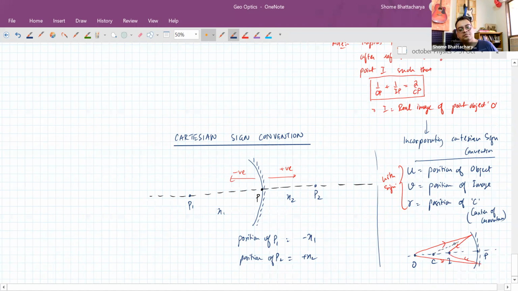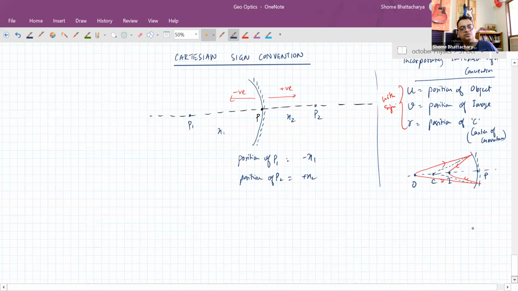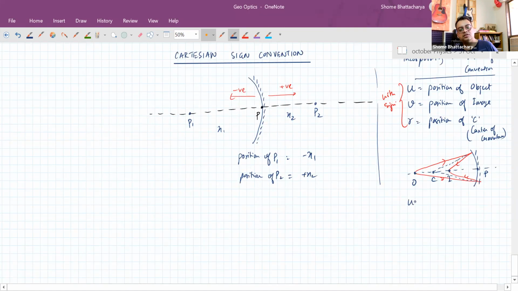So again, in the diagram for ease, I'm showing rays which are not really paraxial. These angles are pretty large, but you have to imagine paraxial rays. So in this formula, u becomes minus of OP, v becomes minus of IP, and the position of the center of curvature becomes minus of CP.